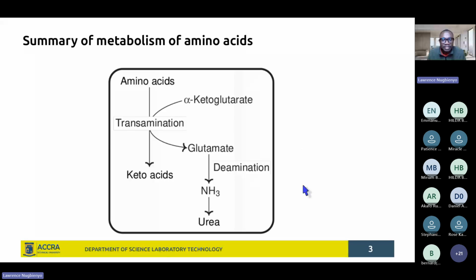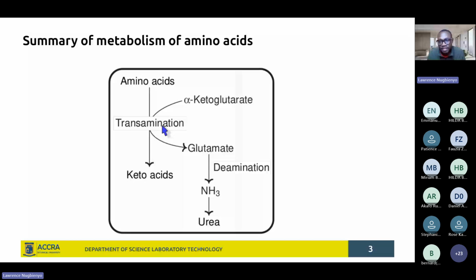Now we can look at this further to say that if you take any amino acid, that amino acid undergoes, say, the process of transamination to form a keto acid. Now, in that process, the word transamination is referring to the fact that there is a transfer of the amine group. So there's a transfer of the amine group onto alpha ketoglutarate.